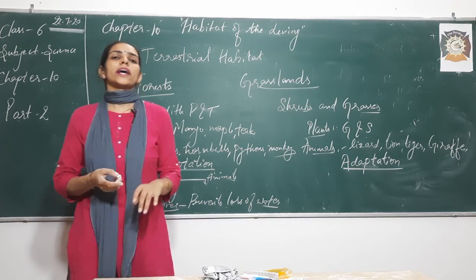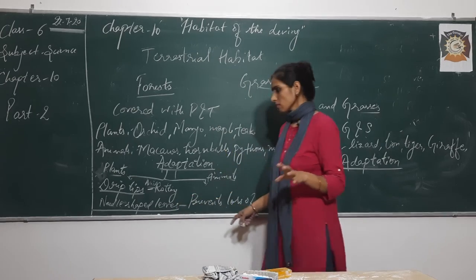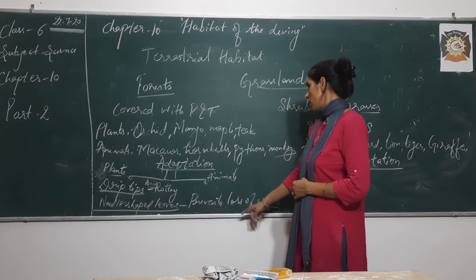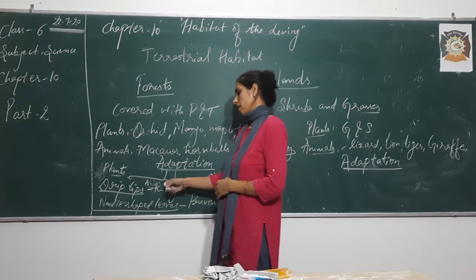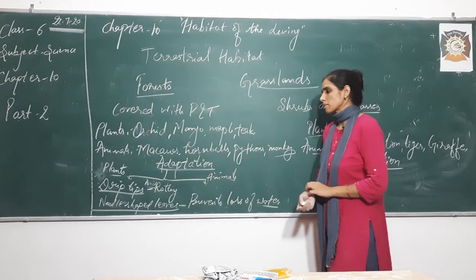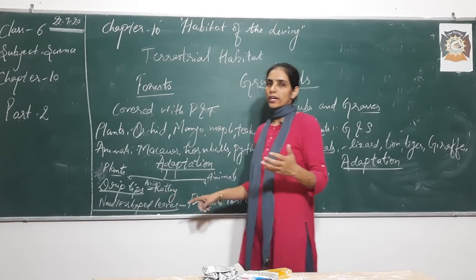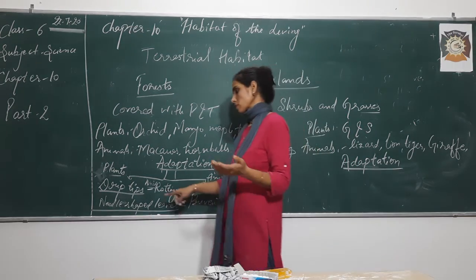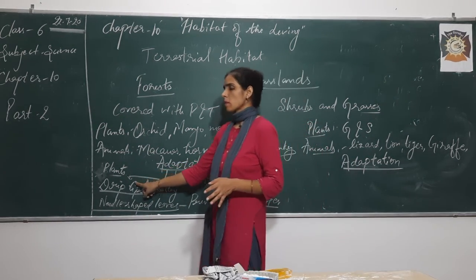In temperate forest, plants like pine trees have needle shaped leaves to prevent loss of water. And in rainforest, special tips called drip tips avoid rotting, protecting the plants from rotting. So these are the adaptations followed by plants.